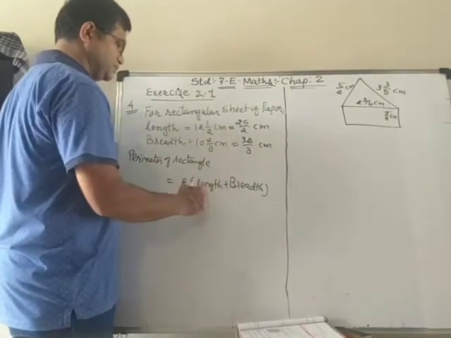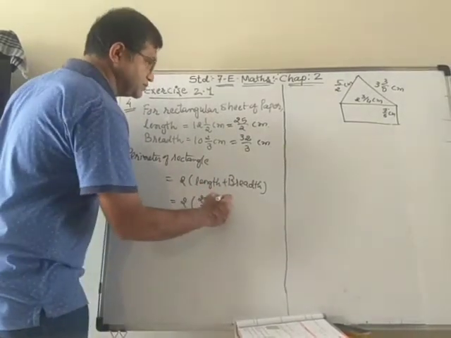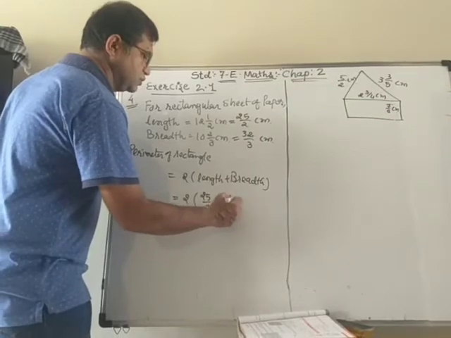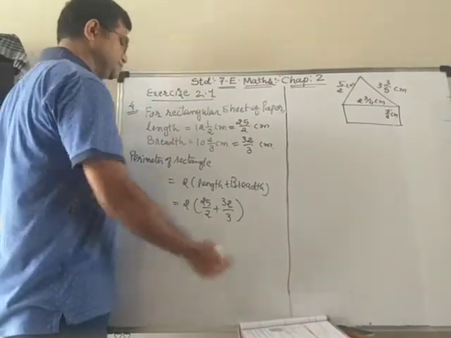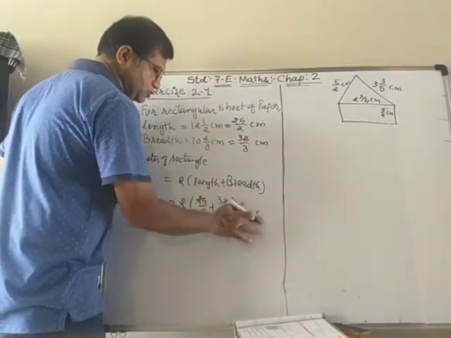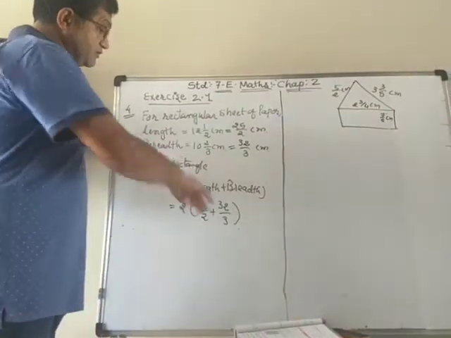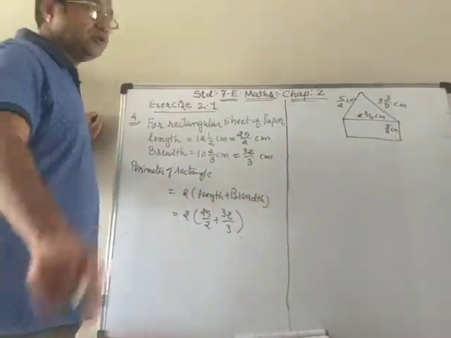What is the length? 25 upon 2 plus 32 upon 3 centimeter. There is no need to write centimeter in all the steps. In the last step, we have to mention the unit.